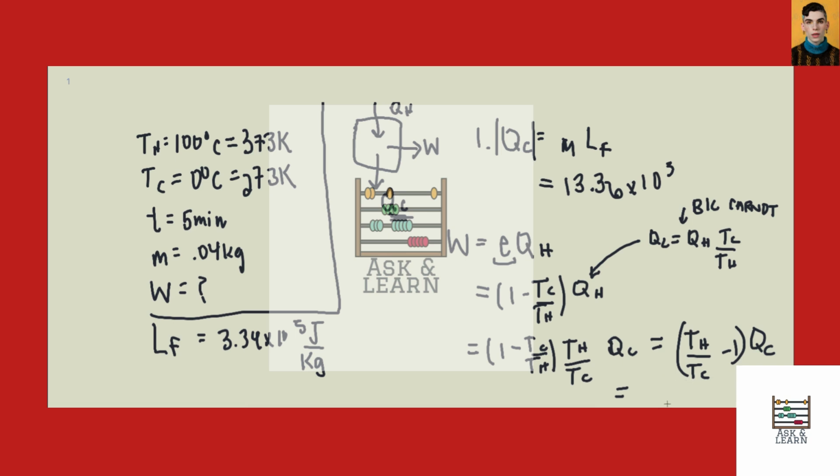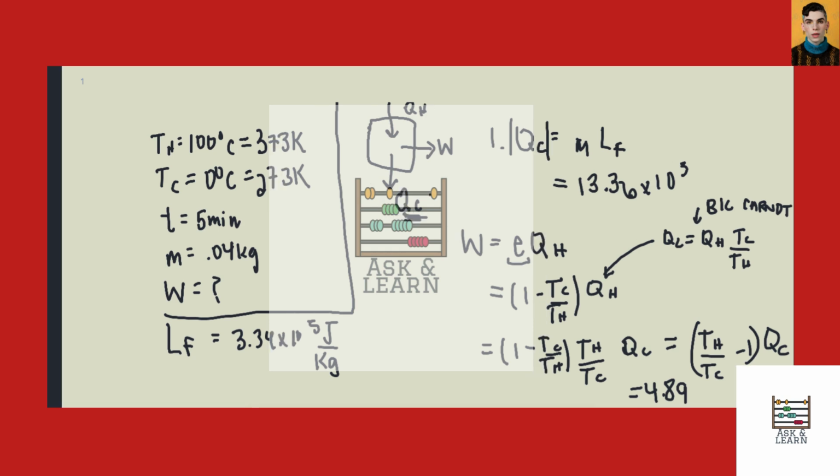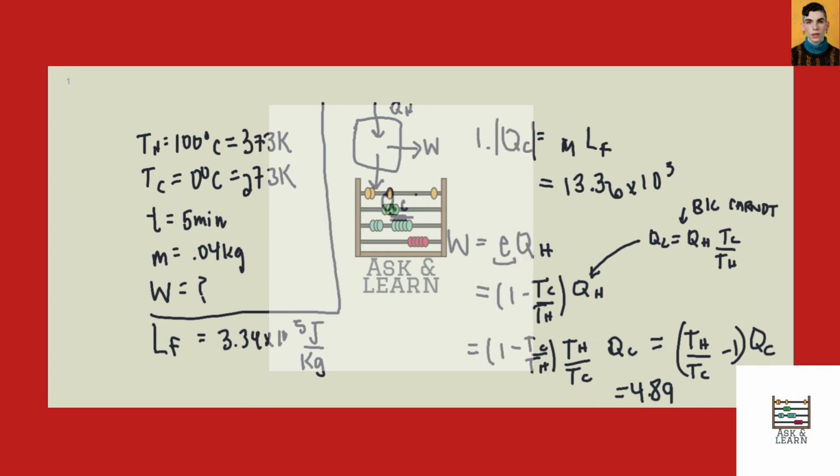If you plug that into a calculator, maybe you'll get what I got, which is 4.89 times 10 cubed. Let me double check on the exponent. Yes, times 10 cubed.